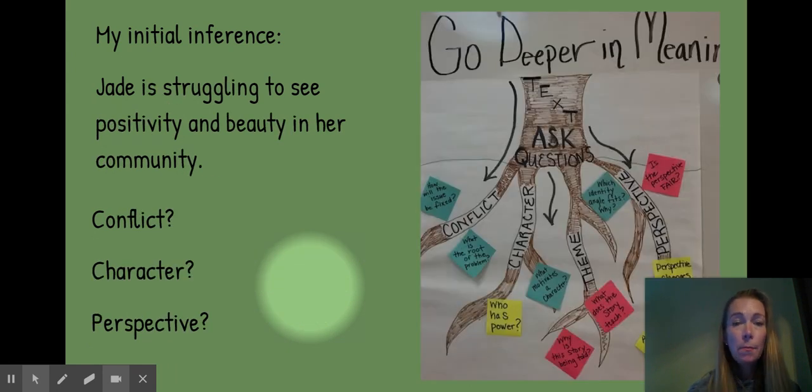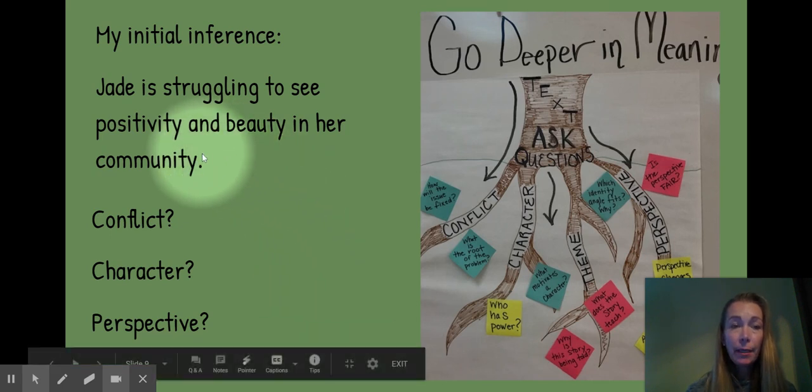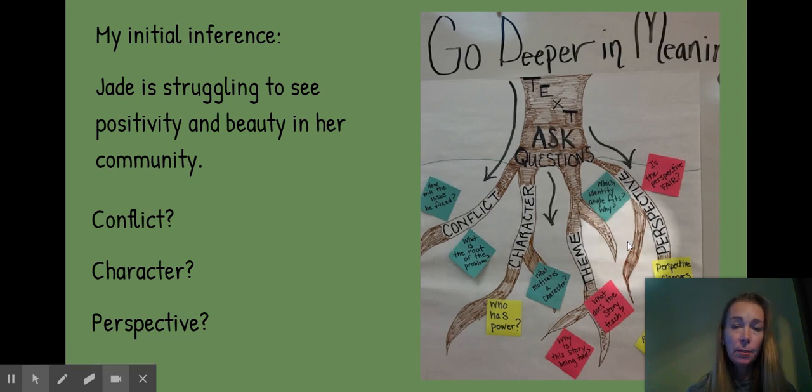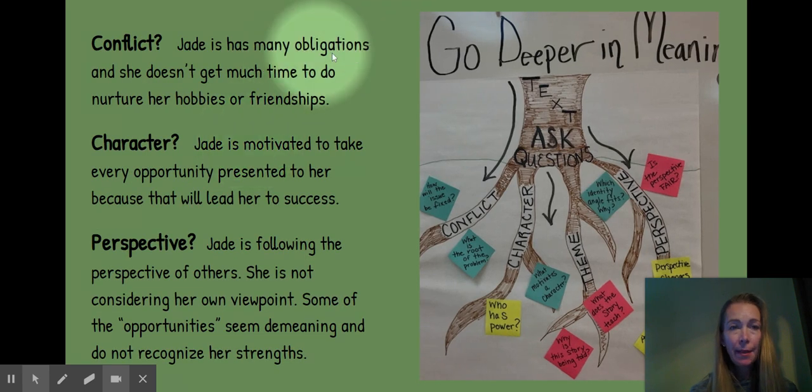And so when I think about that, I feel like conflict, character, and perspective roots might be something that I want to think about to go deeper with this statement. She's struggling to see positivity and beauty in her community, and I'm wondering if I can answer why and how to that. And so I do some writing in my notebook, and I think about the conflict.